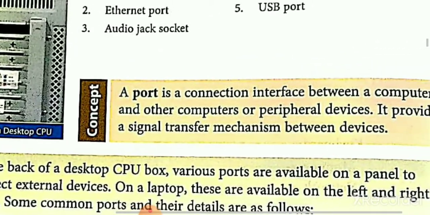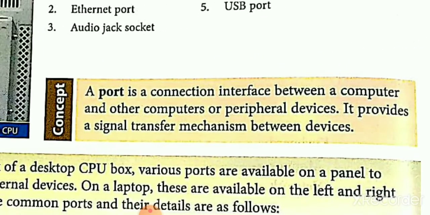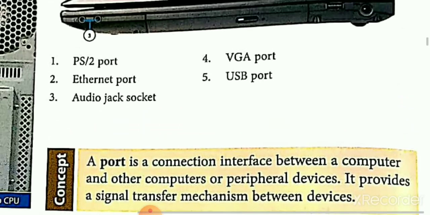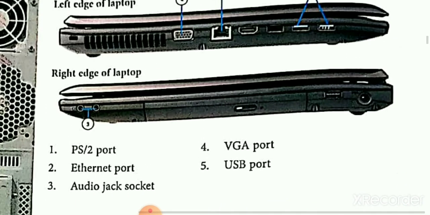But do you know what a port is? A port is a connection interface between a computer and other computers or peripheral devices. It provides a signal transfer mechanism between devices.